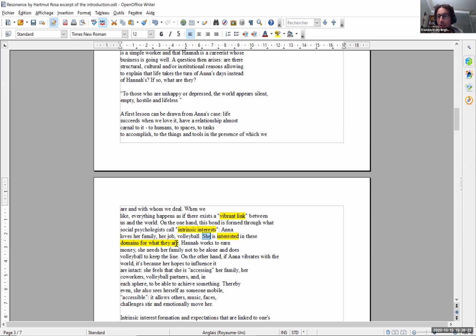Yeah. And so, in a sense, domains for what they are is just the explicitation of the word intrinsic. And because intrinsic is not a word we use every day, sometimes it's a bit difficult.